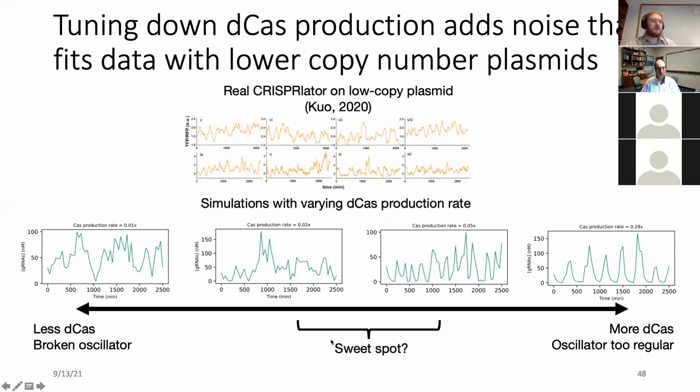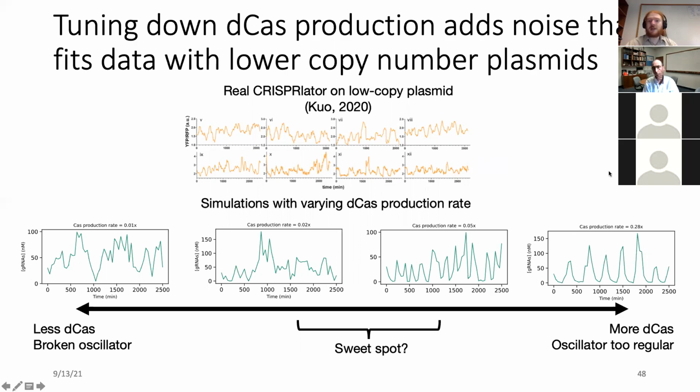So I would claim that somewhere in this range, we found a sweet spot that maybe accurately represents the noisiness that you get in a real CRISPR. And now, with our model, we have some potential interventions that could be added by an entrepreneurial experimentalist to try to turn this into something more like the smooth, regular oscillations that we see in other simulations.